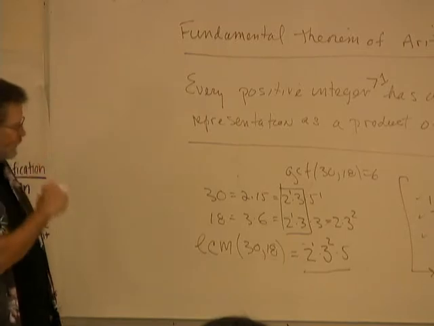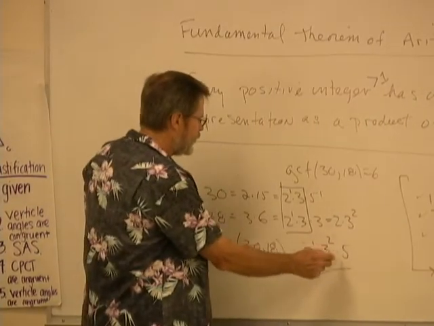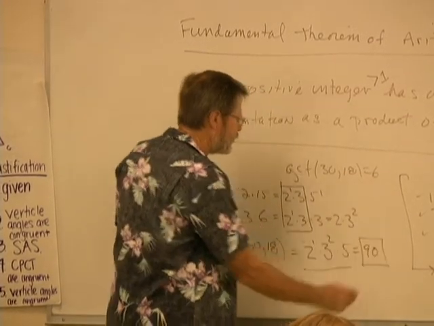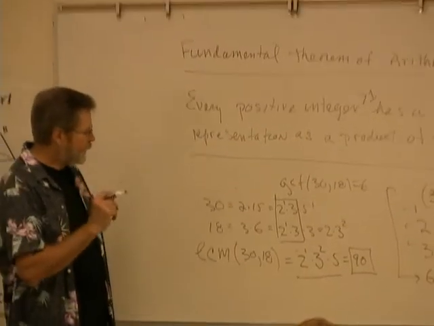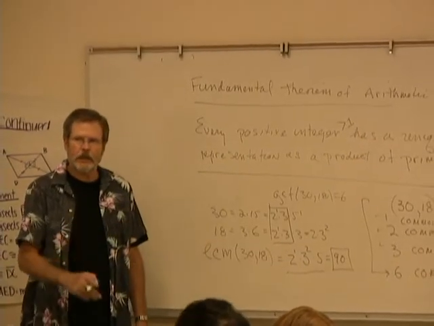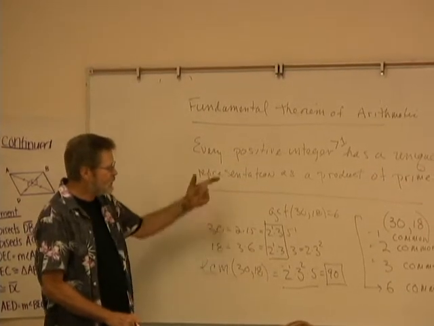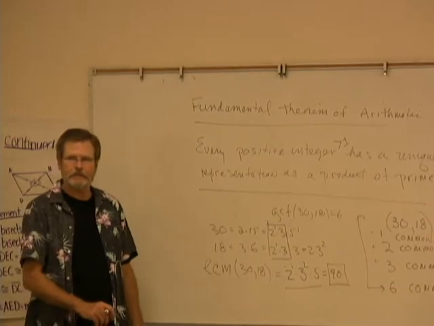So the least common multiple of 30 and 18 is 2 times 9 times 5, which is 90. Any integer that 30 and 18 divide is called a common multiple. The least common multiple is the smallest, and that is true in this case.